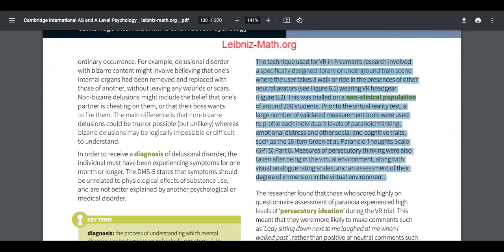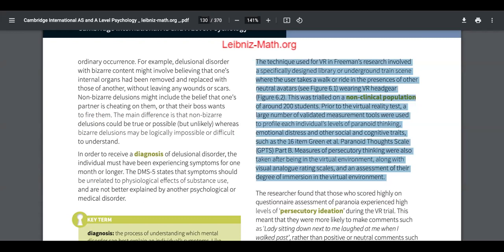Over here, this virtual reality assessment contained a headgear like we have in those game zones, and that headgear took you into an artificial environment. You were either in a specifically designed library or an underground train scene, taking a walk, and there are also other people.